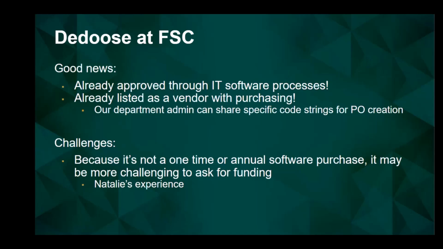And so if you are requesting money from your department, if you get a grant, whatever that may look like, the processes are just a little bit more complicated potentially to get it paid for. But they have a purchasing number, they have a vendor number, they have all that on the back end.